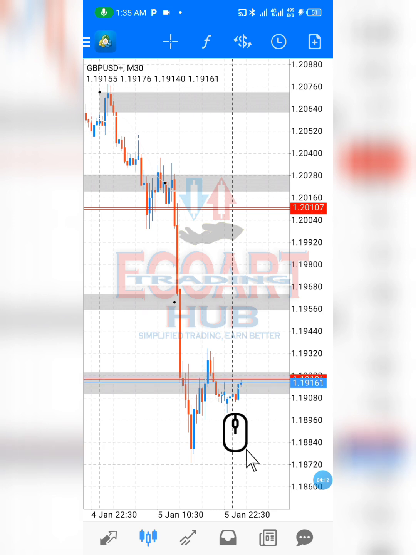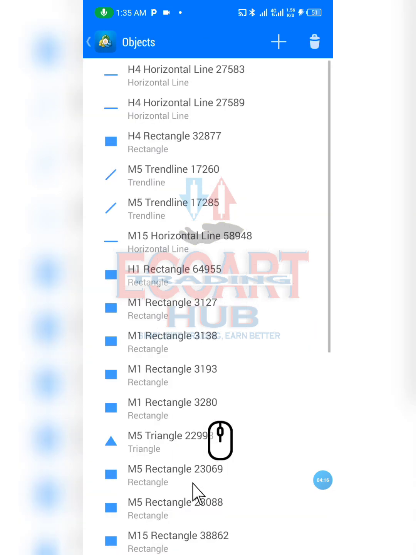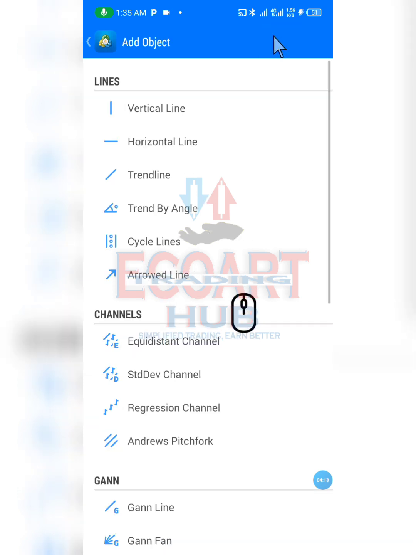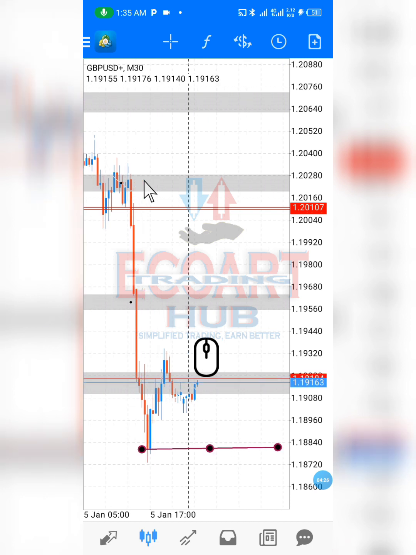I could decide to use a trend line. Now select a trend line, and I will draw my trend line.